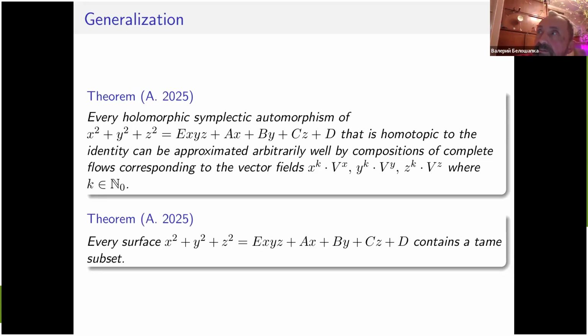Thank you. Is it true that the number of integer solutions is infinite? You mean if you choose A, B, C, D to be integers, arbitrary integers? No, for example, for E equal to 0, for example.